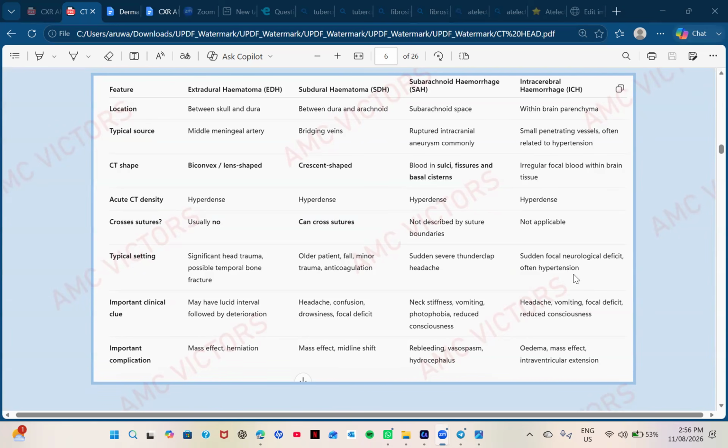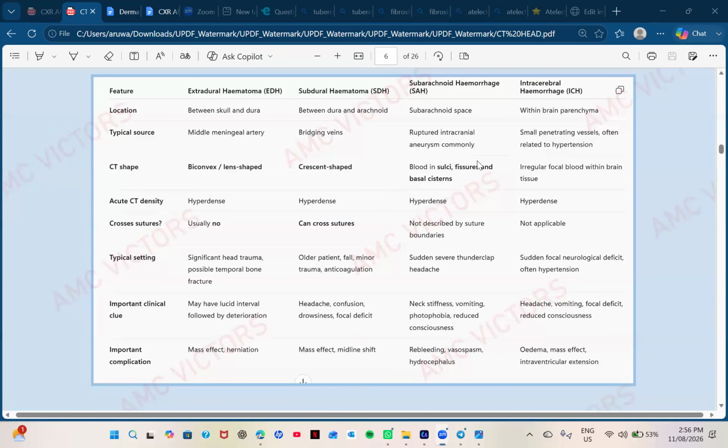If it is a chronic case, it's often after a minor trauma or minor fall, and weeks later you can see gradual worsening of the headache, confusion, drowsiness, cognitive function failure. But it's chronic, not acute. So you can see the crescent shape here.